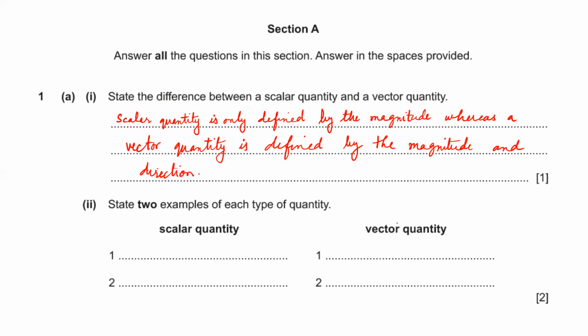Right? So we always remember that the scalar quantity only has magnitude, whereas the vector quantity has both magnitude and direction.